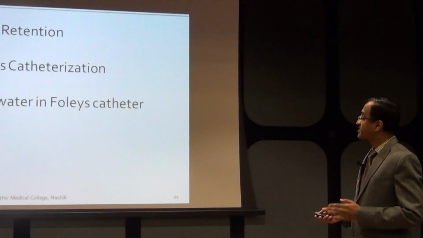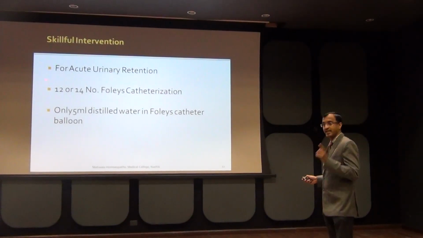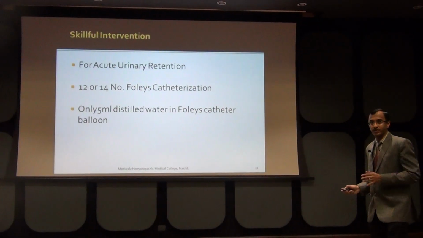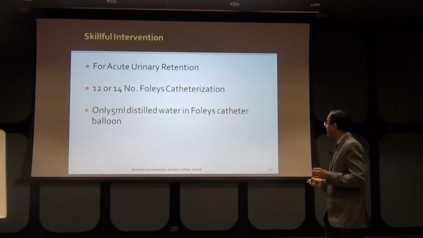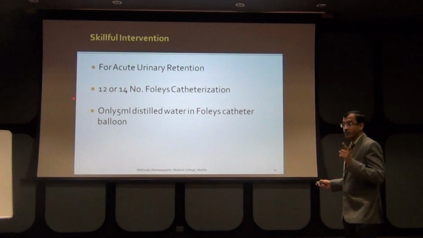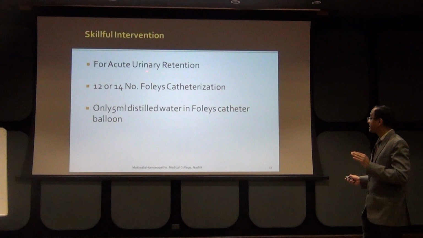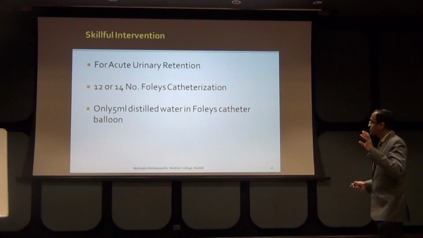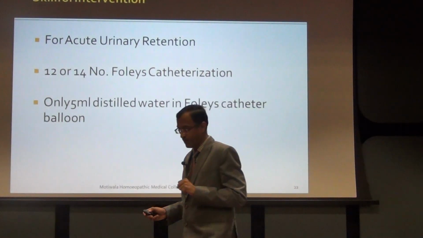One needs to have a skillful intervention when we are having an acute urinary retention, as I said. So a skill of catheterization with Foley's self-retaining catheter. One has to move ahead with a 12 or 14 number catheter only in acute urinary retention, where one key thing is you have to instill only 5 ml of distilled water in a Foley's catheter balloon.